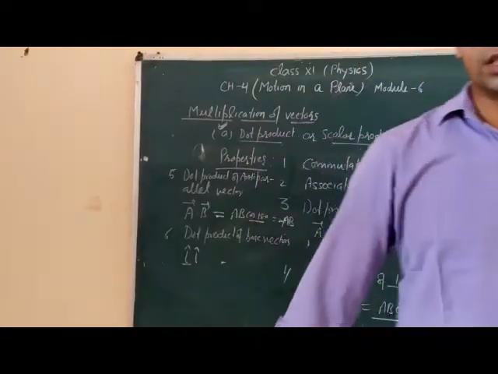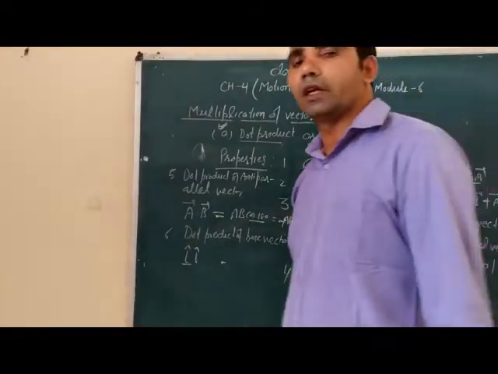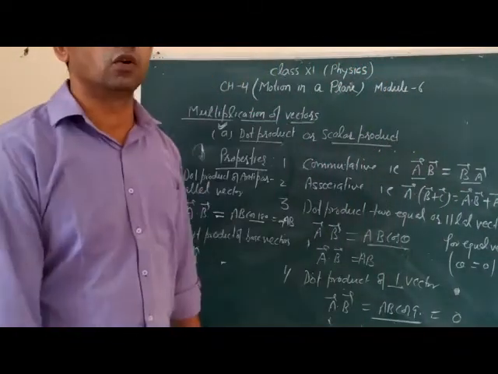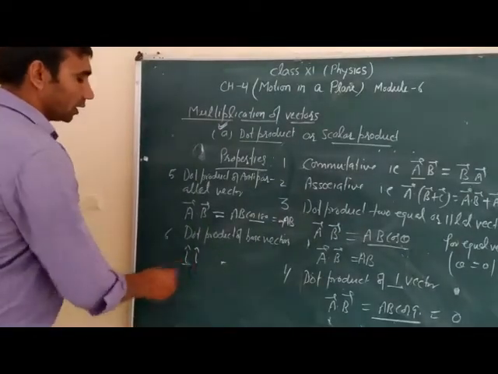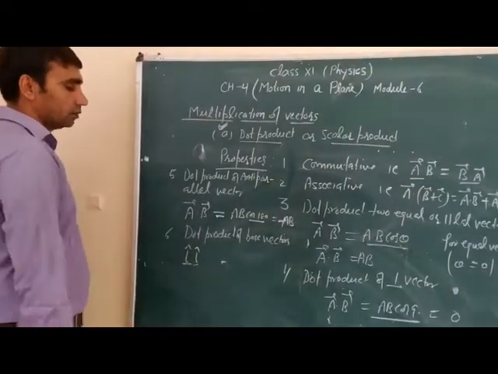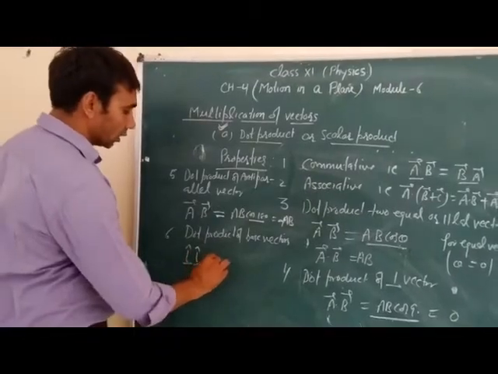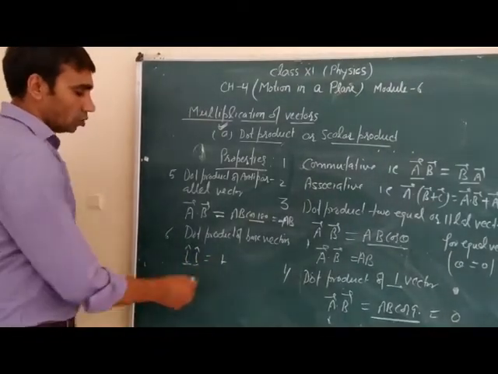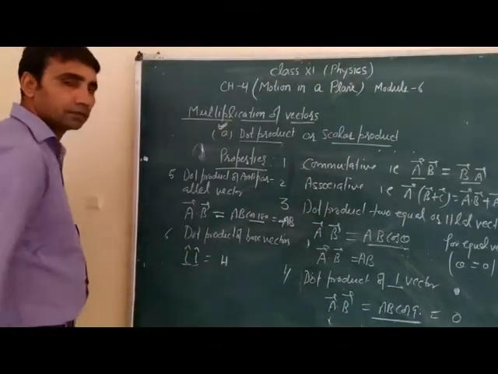I is the unit vector along the x-axis, j the unit vector along the y-axis, and k the unit vector along the z-axis. This is a unit vector, this is also a unit vector. The magnitude of each vector is 1.